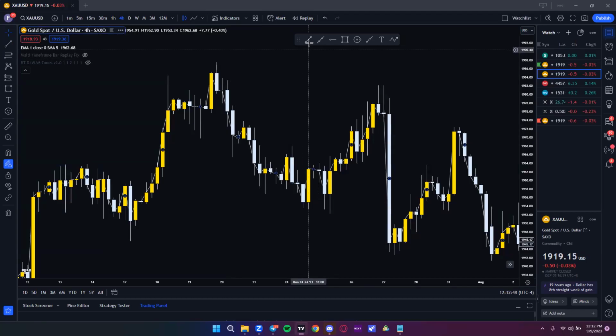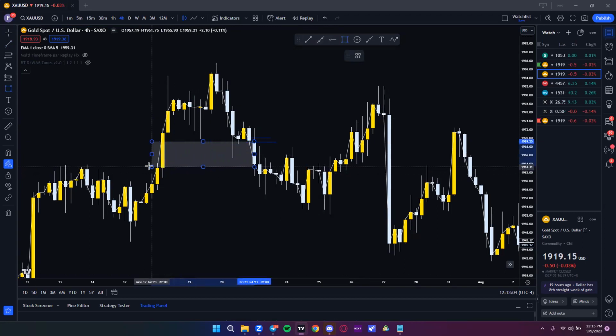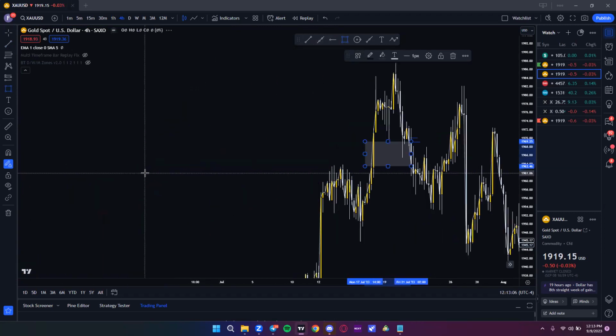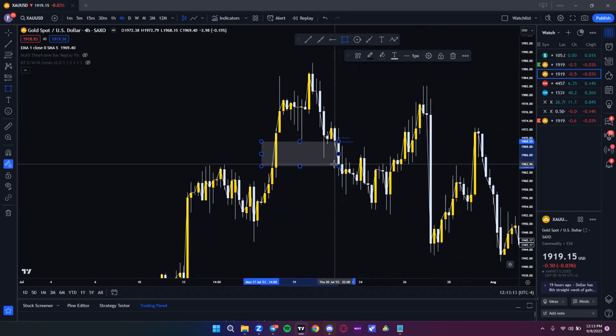Even like this, right? This is a decision level. Even this gap level is a decision level, because if you pull it down, it closes below something.